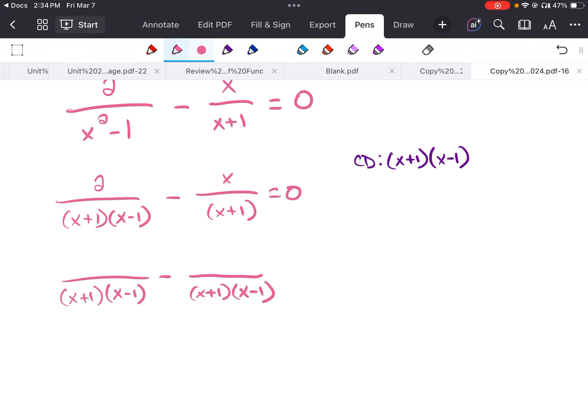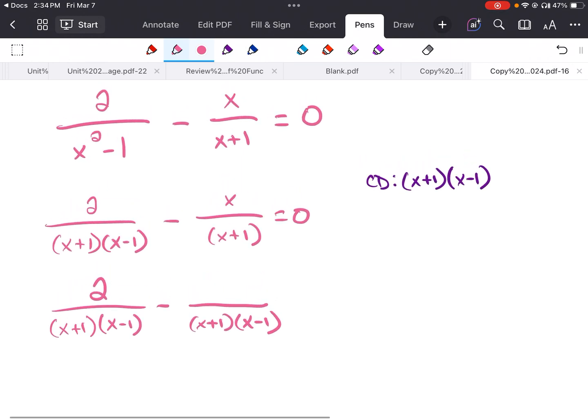Okay, we see the first fraction already had that denominator, so we don't need to change anything. Let's keep the 2 on top. But the second one, we added an x minus 1 bracket. So that means we need to multiply the second numerator by x minus 1.